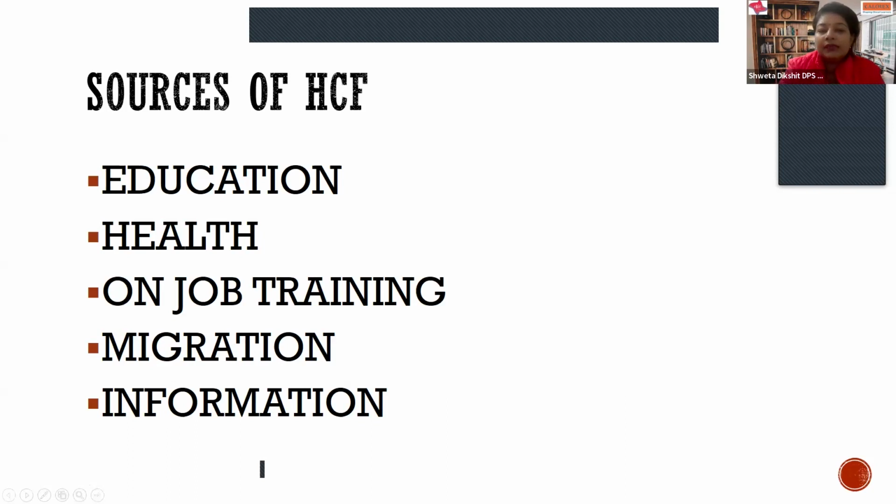Sometimes the question is asked: why is education considered to be very important for the formation of human capital? The example is very simple.